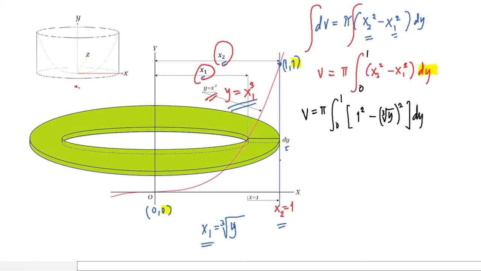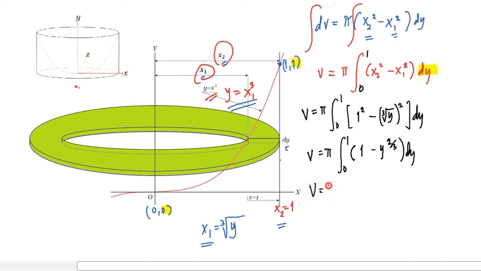Simplify muna natin bago natin kunin yung integral nito. So, we have here the volume is equal to pi, the integral from 0 to 1 of 1 minus, since this is cube root is 1/3, 1/3 times 2, so that is y raised to 2/3 dy. Then, from this, pwede na tayo mag-integrate.